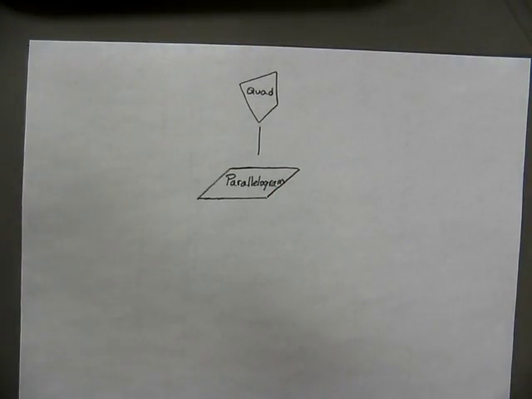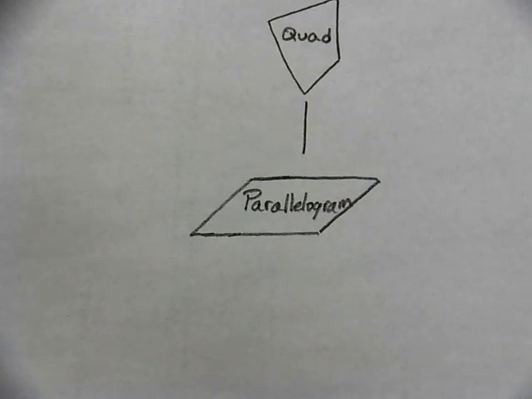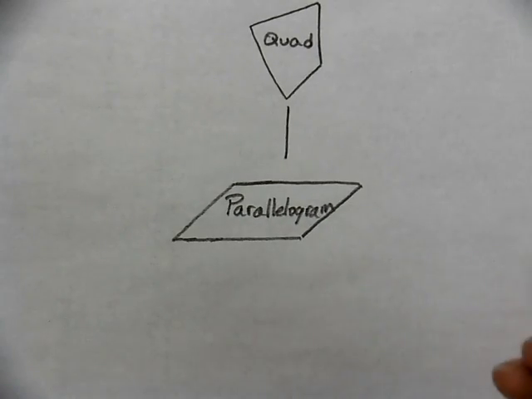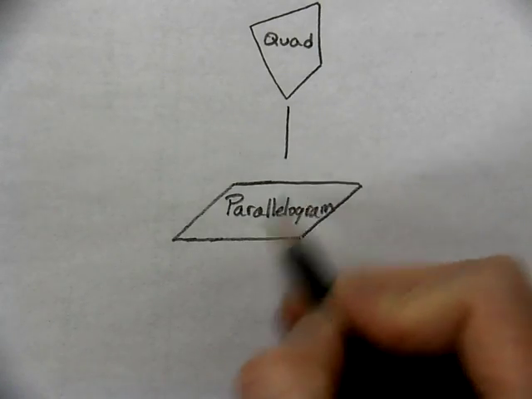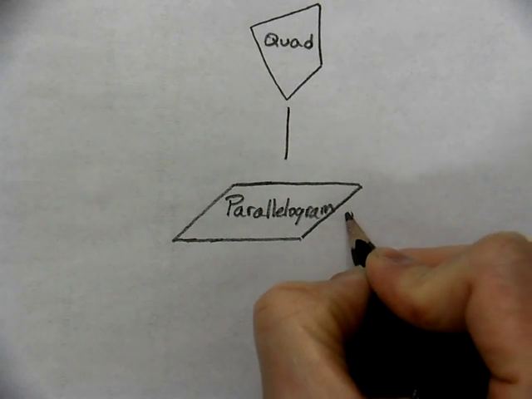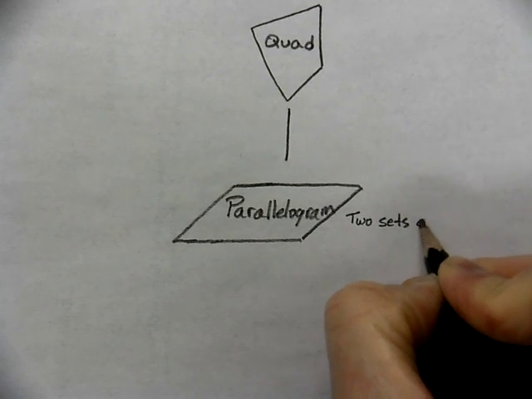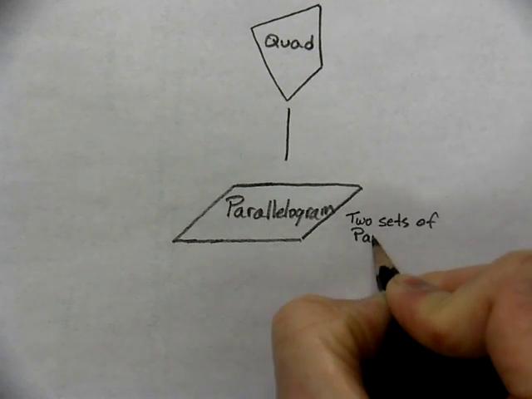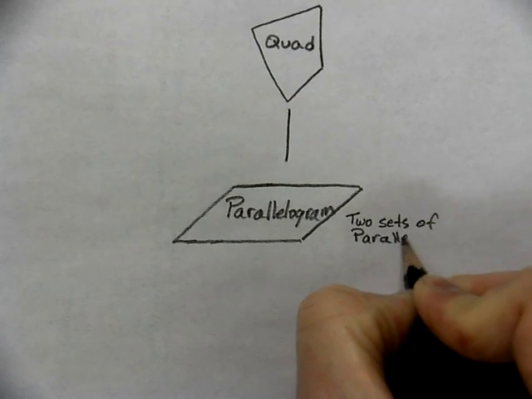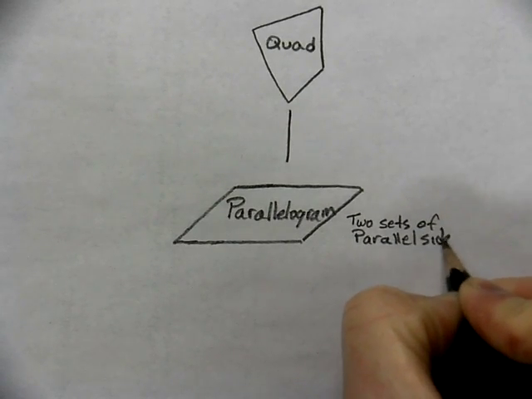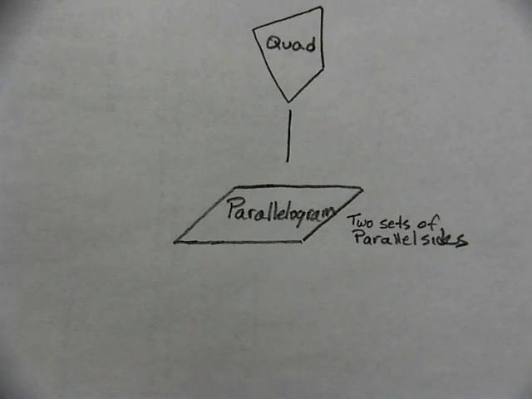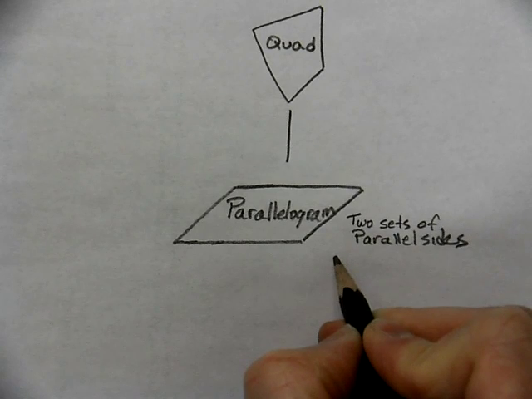Okay, so what do you know about a parallelogram in terms of its sides? We have 2 sets of parallel sides, and we also have 2 sets of congruent sides.